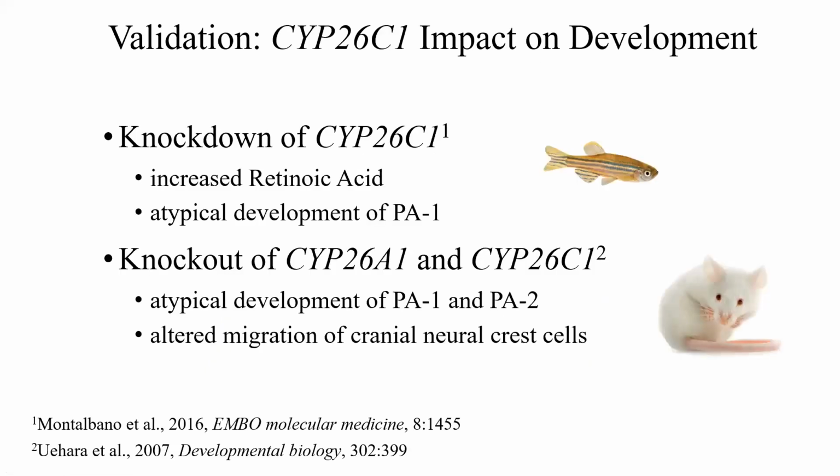So there's some other cool studies both in zebrafish and in mice that show if you knock down this gene, or if you take that protein out of that animal as it develops, they can't process retinoic acid appropriately, and that leads to abnormal development of those jaws, whether it's a zebrafish or a mouse. So again, this adds to our evidence that this gene is important to the feature that we're interested in these cattle.